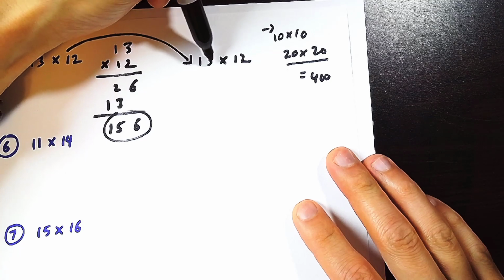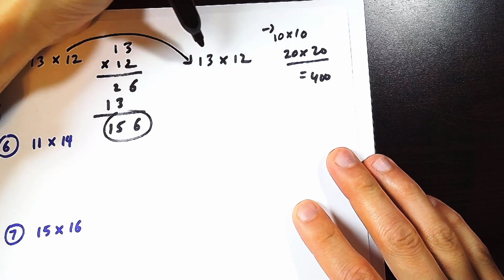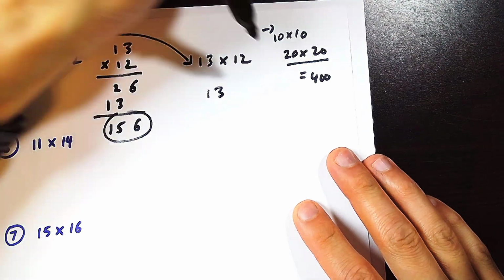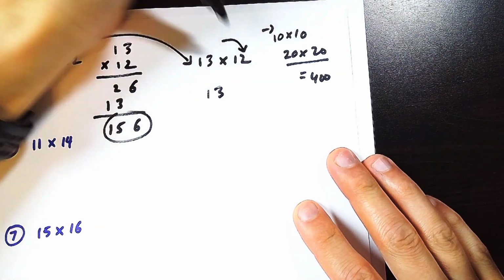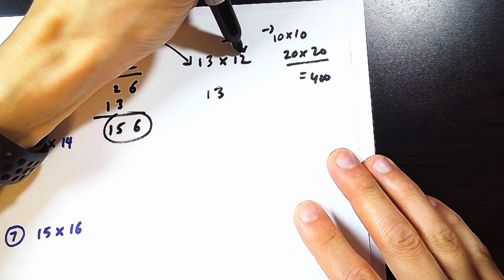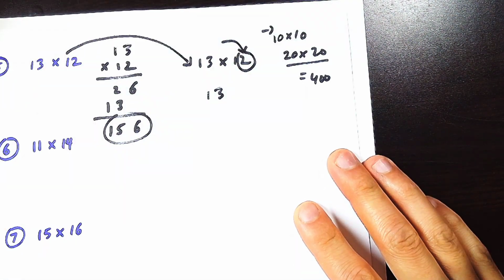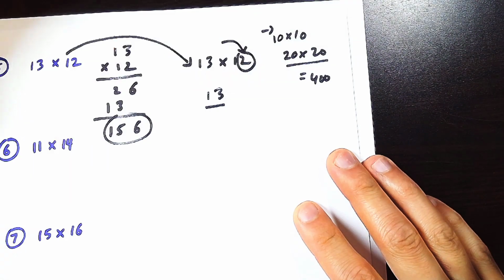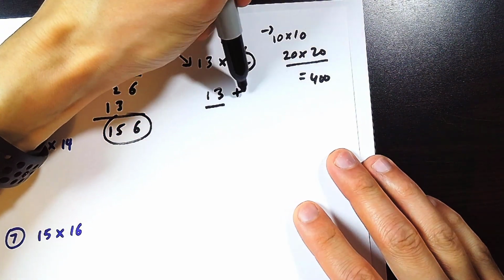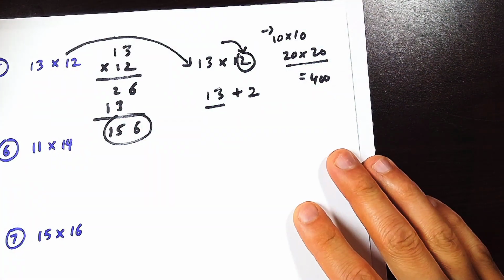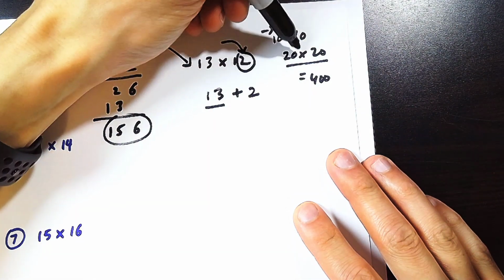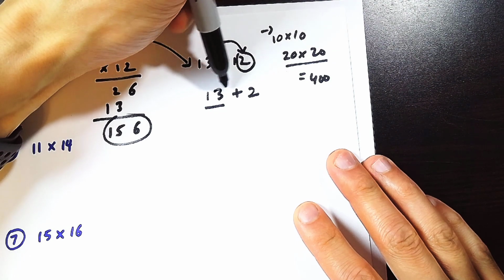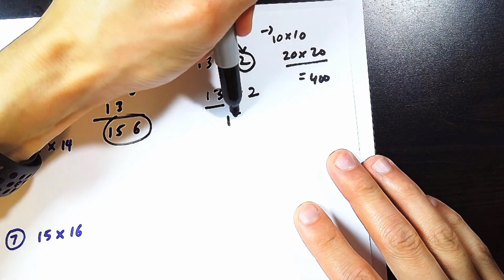So let's try this. What we're going to do is take the bigger number, which is 13. And we're going to add the last digit, which is a 2, of the other number. So my question for you is, what is the bigger number, 13, plus 2? So this trick only works up to 20 times 20. 13 plus 2 is 15.